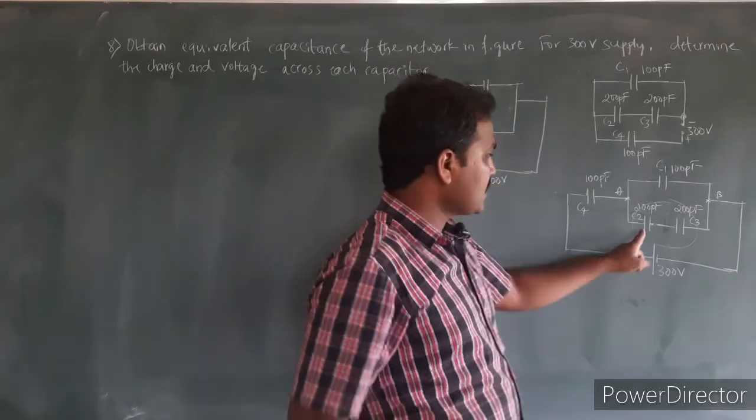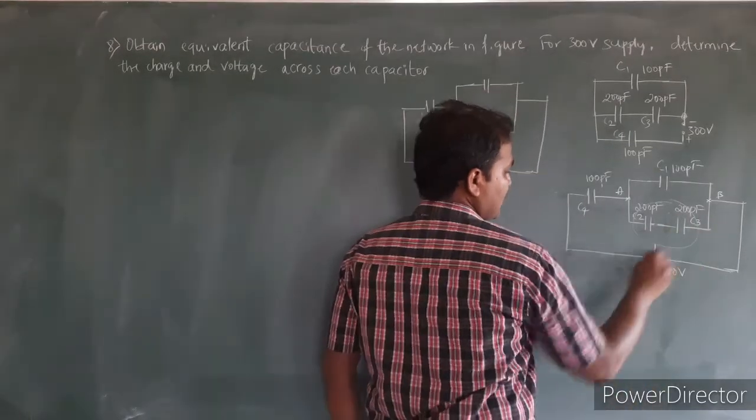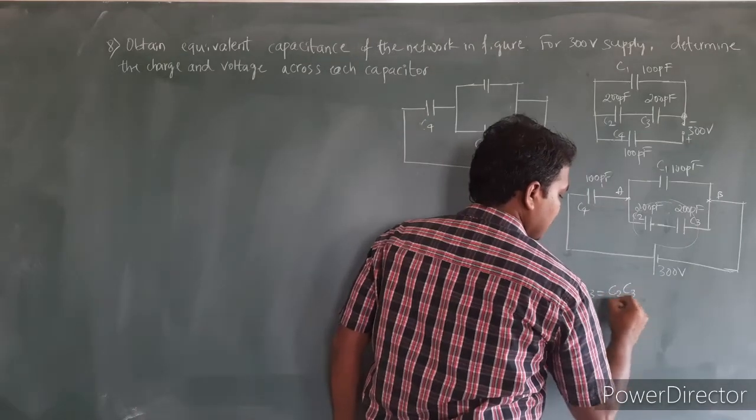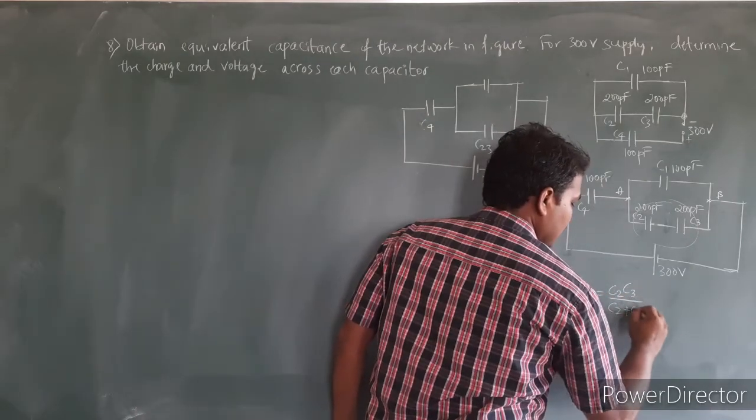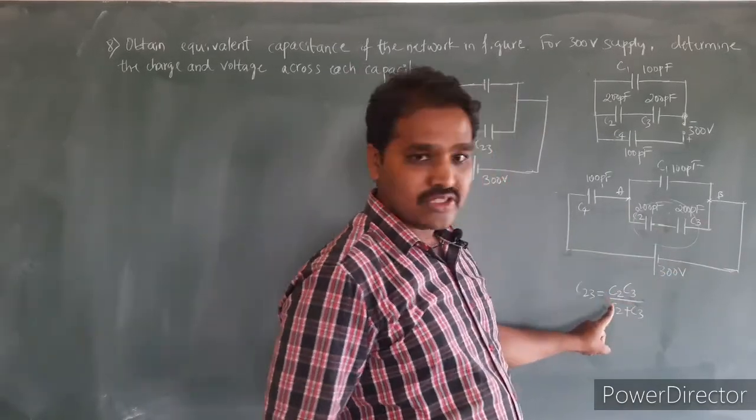Then what is the value of this combination of C2 and C3? They are in series combination. I can write C23 is equal to C2 into C3 divided by C2 plus C3. When I have only two capacitors in series, I can directly use this formula.